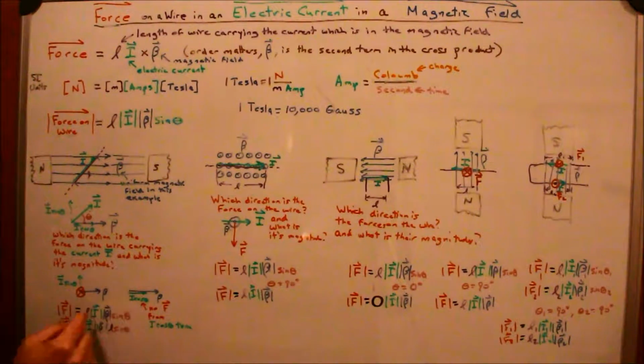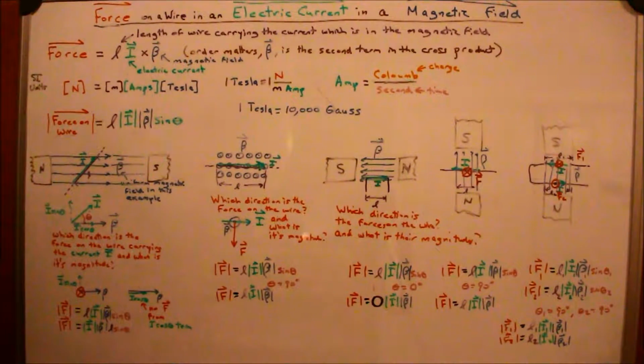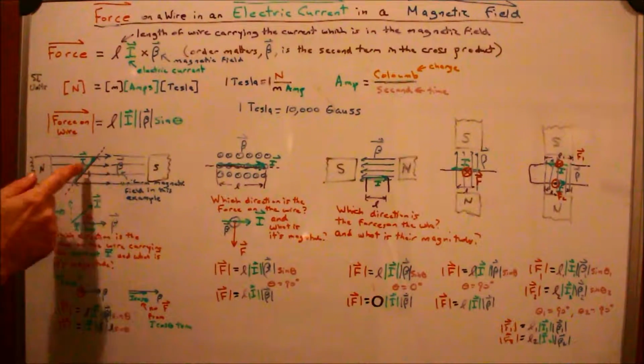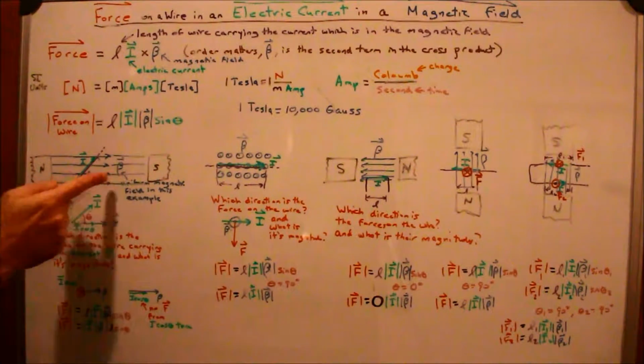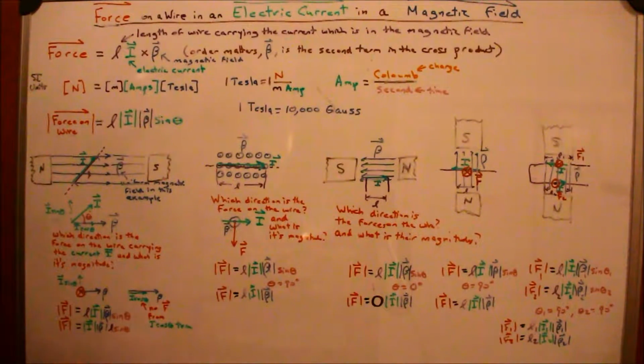If this is just magnitudes, you can rearrange it. It's the magnitude of I times the magnitude of B, and then this L sine theta term you can think of as the length of this wire which is perpendicular to this magnetic field. So it's this length. It is essentially that term.